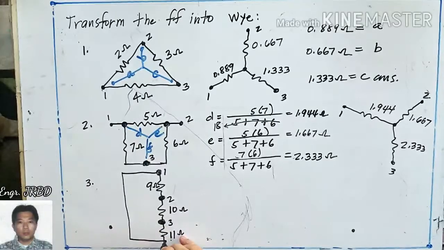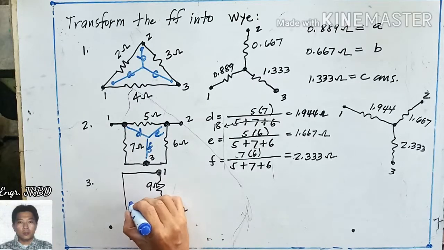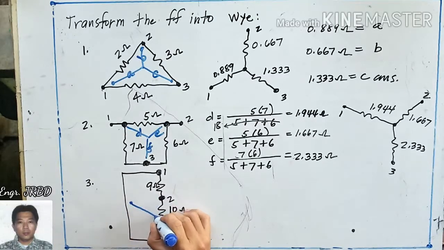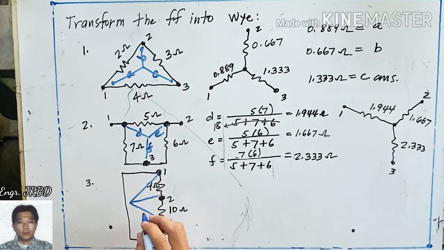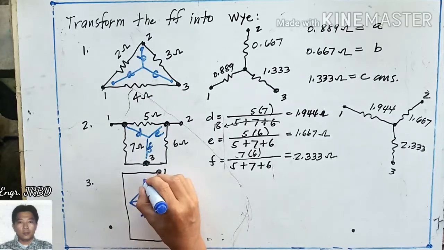This terminal is also terminal 1. It's the same, no? If we now place your resistors, one resistor here, one here, and one here. Let's say this is your H, I, and K.